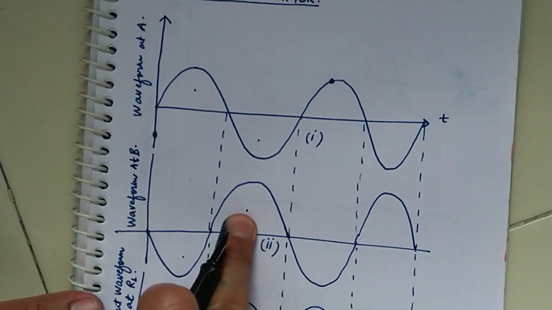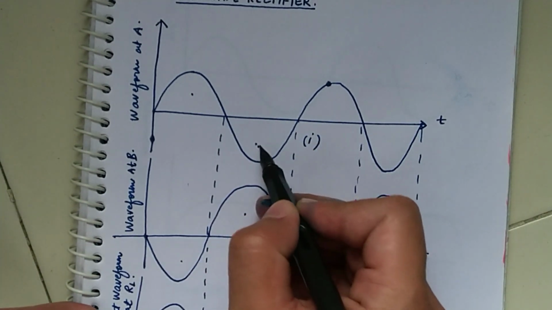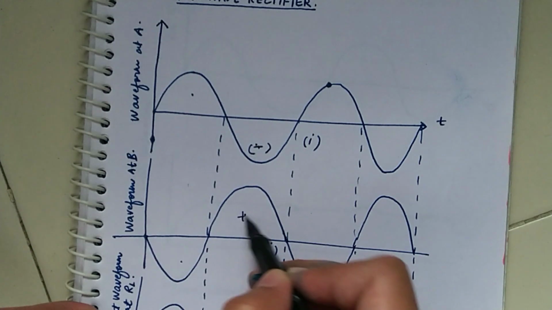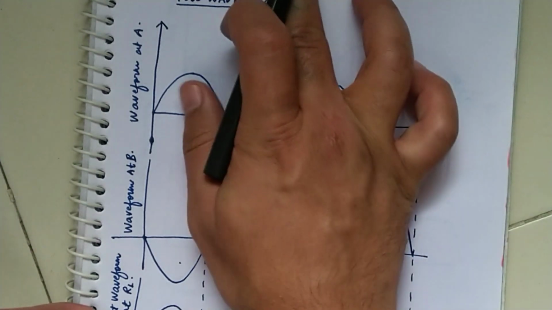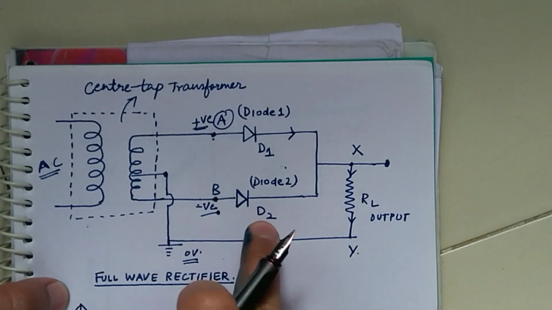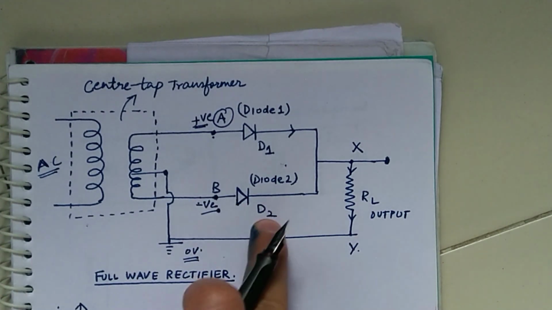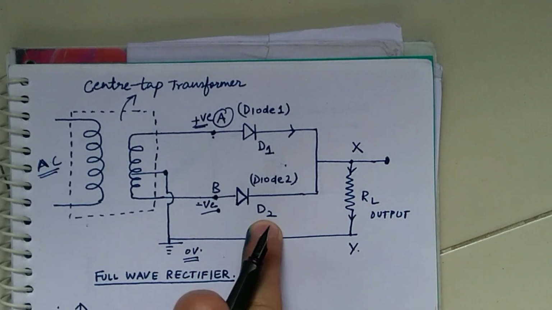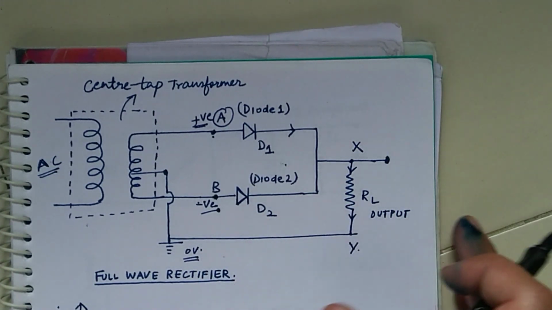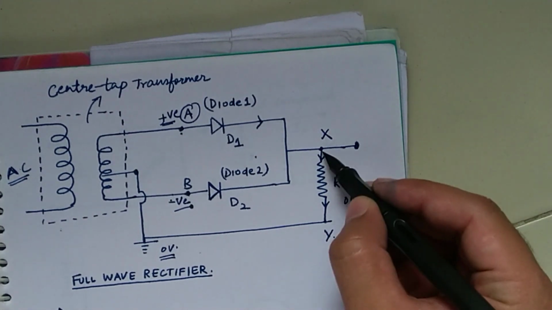In the second half cycle, let's have a look. Point A becomes negative and point B becomes positive. Since point B becomes positive, diode D2, which is connected to point B, will be forward biased, and hence it will be conducting current, and the resultant voltage will appear across this load resistance.